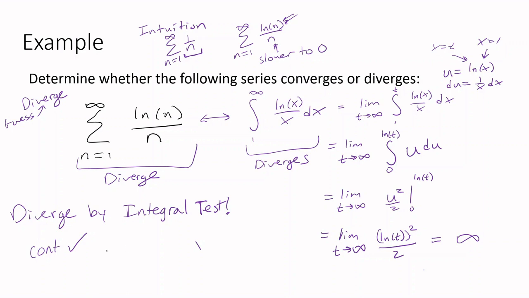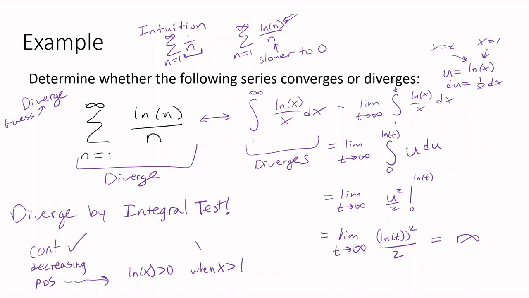So continuous, we're good. We needed that it was decreasing and positive. So we'll start with positive. The natural log of x is bigger than 0 when x is bigger than 1.